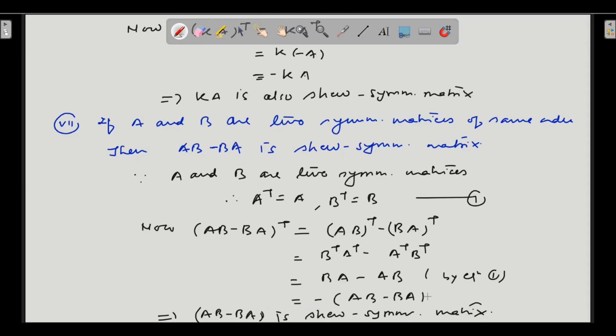Because it is satisfying this condition: AB minus BA complete transpose is equal to minus of AB minus BA. By definition, AB minus BA is a skew symmetric matrix.